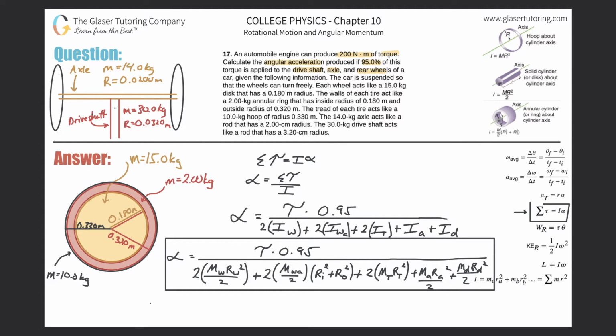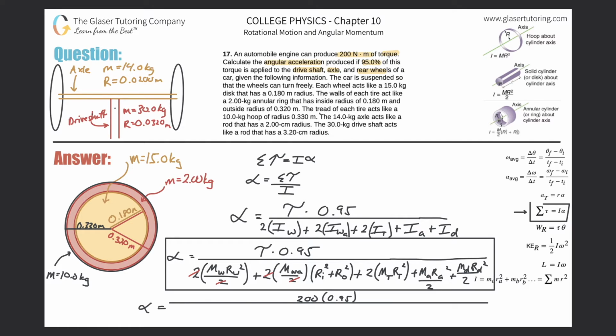So alpha will be equal to the torque, which they told us was 200, multiplied by 0.95. Now it's just mechanical from here, meaning you just have to plug in the values. Then divided by, I'm also going to do some canceling here. We notice that these 2's will cancel, and these 2's will cancel.